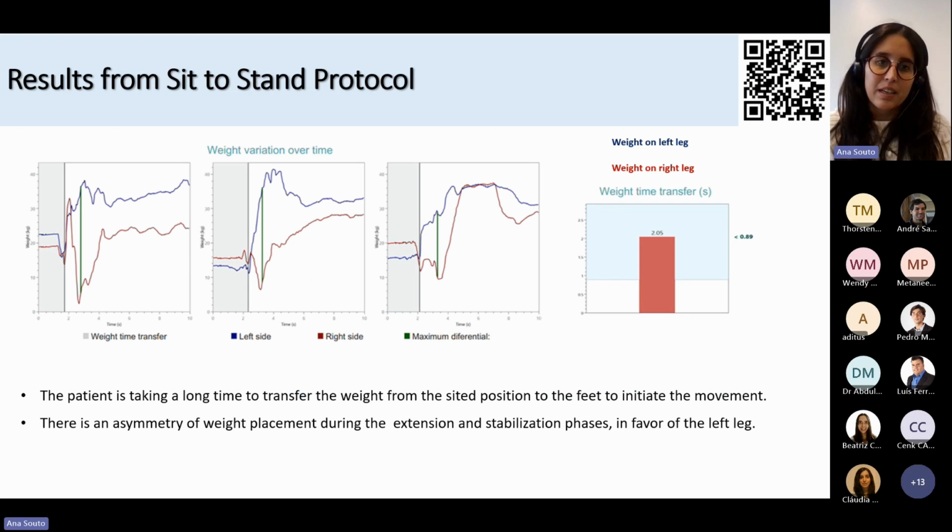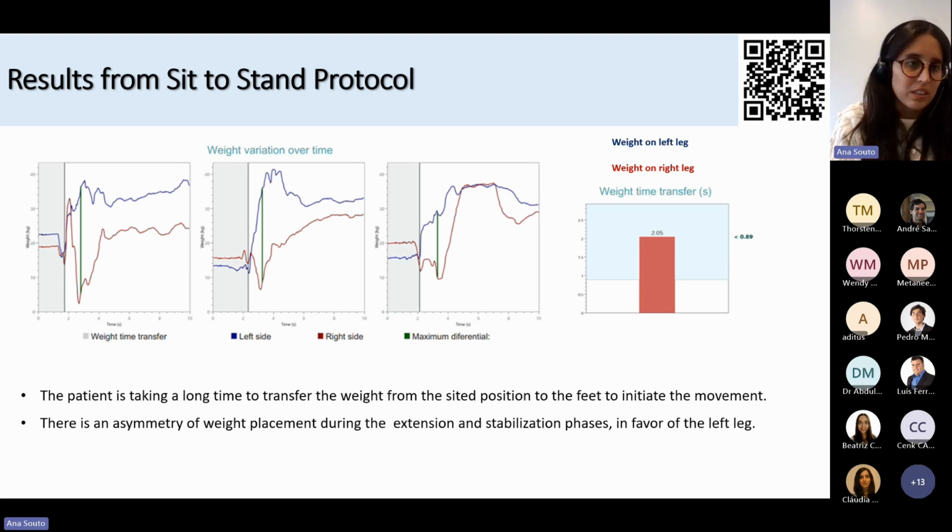First, I need to say that the blue line that you see on the graphic represents the weight that is being placed on the left leg, and the red one, the weight that is being placed on the right leg. Yes. So what we see is that during the rising phase, okay, this patient is placing almost all the weight on the left leg.